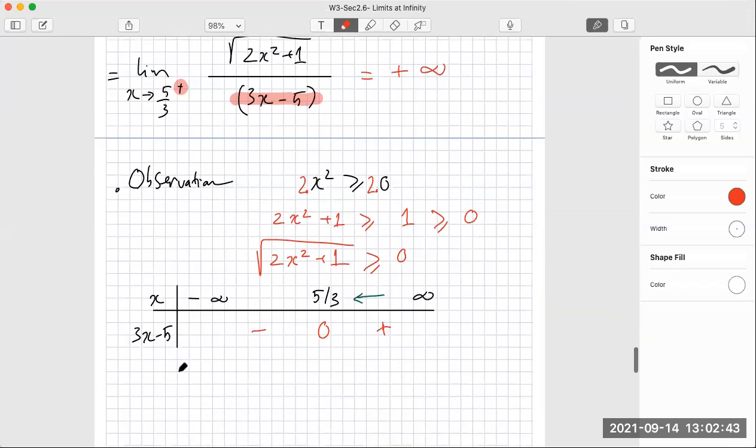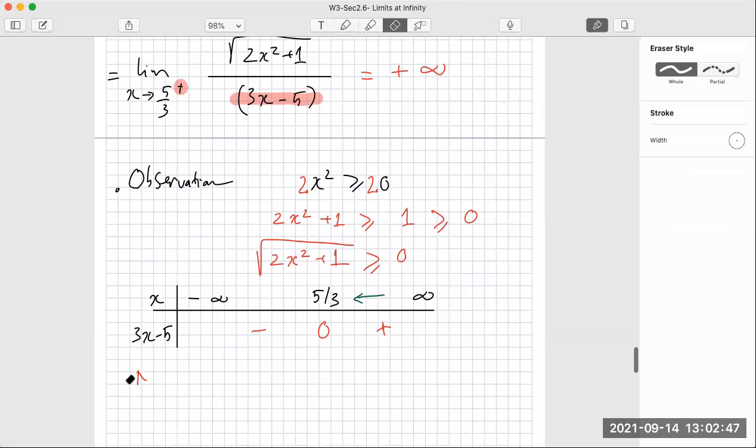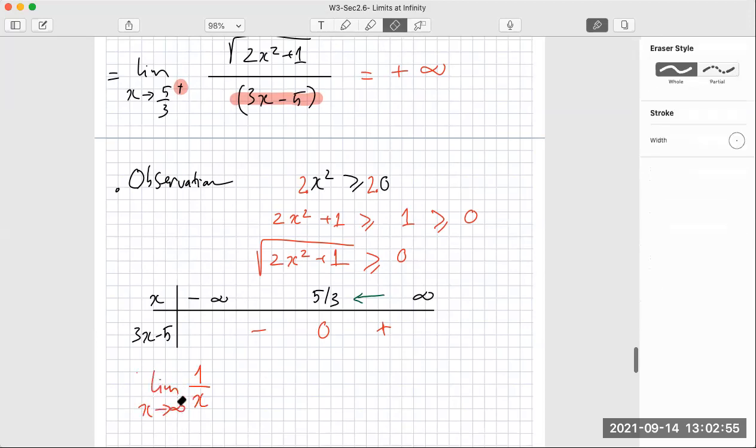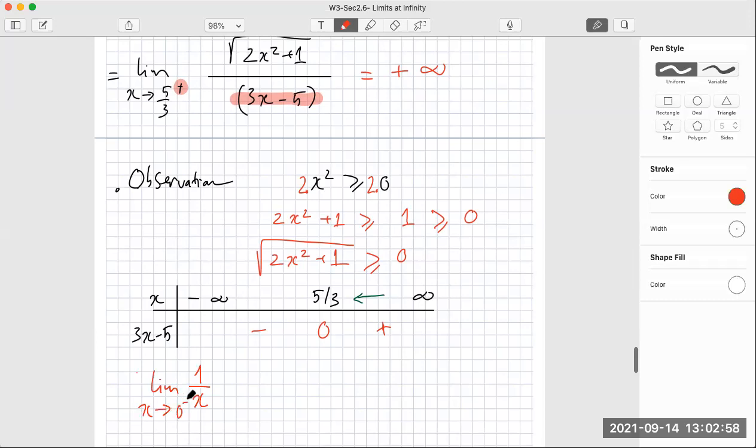Or consider this: one over x. When x approaches 0 from the right-hand side, what is it? Infinity, right? The same thing.